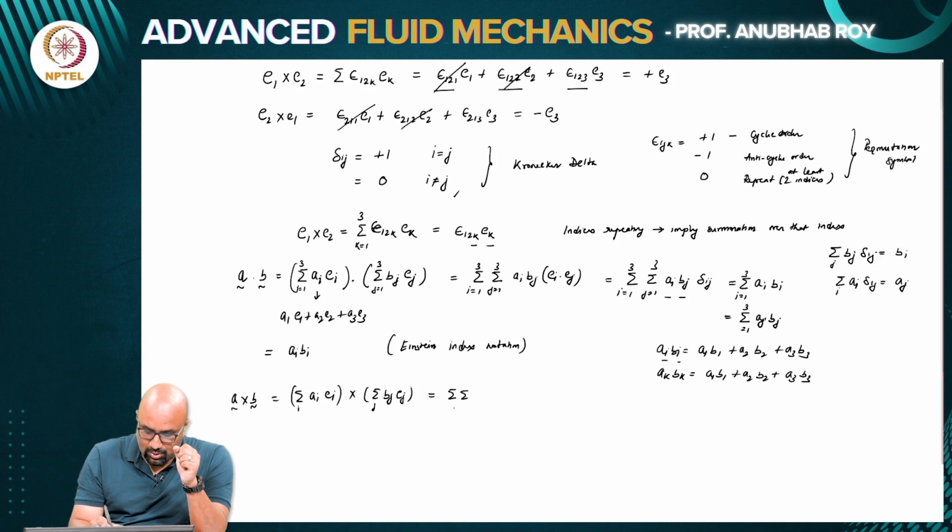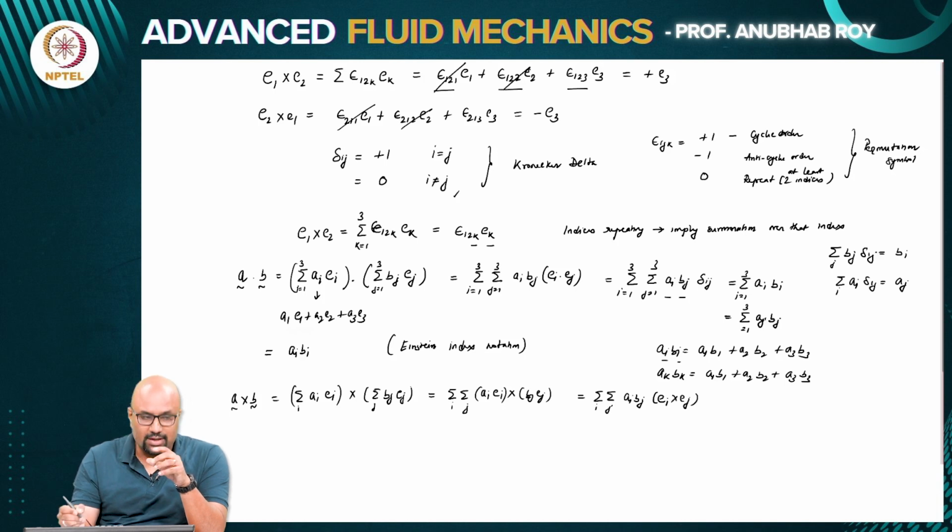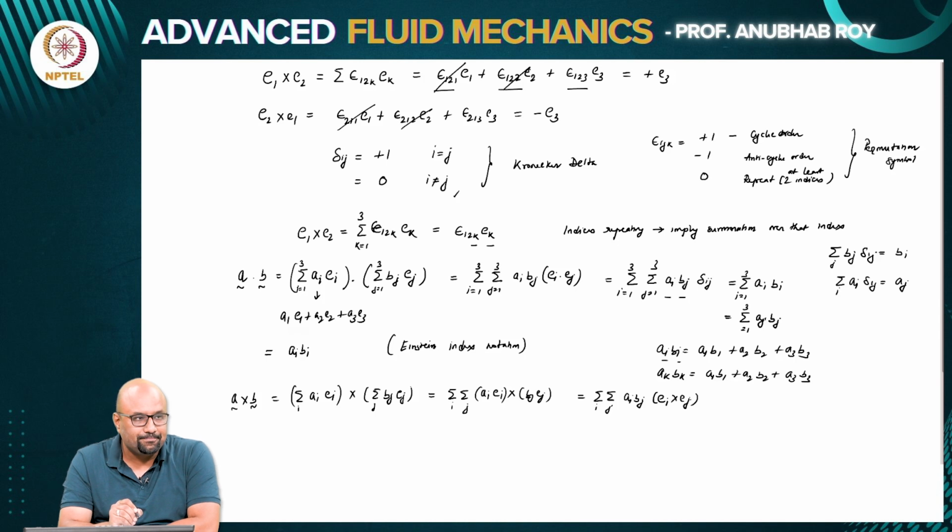So, I will take the two summations outside, and what I have now is Ai Ei cross product with Bj Ej. Ai and Bj are the components of that particular vector, so I am going to just write them as Ai Bj, and the vectors for which I have to do the cross product is Ei cross Ej.